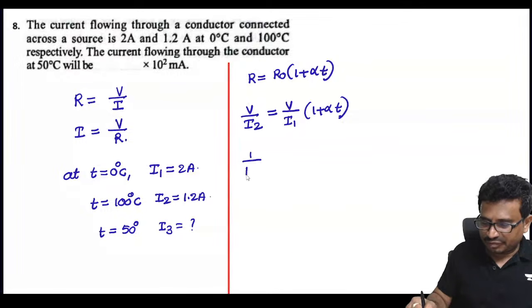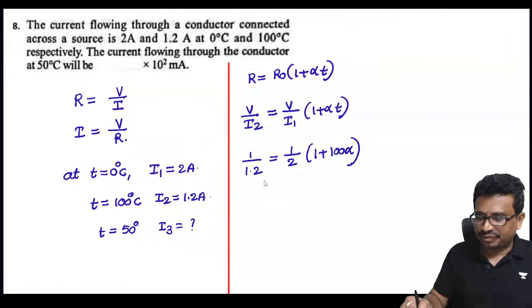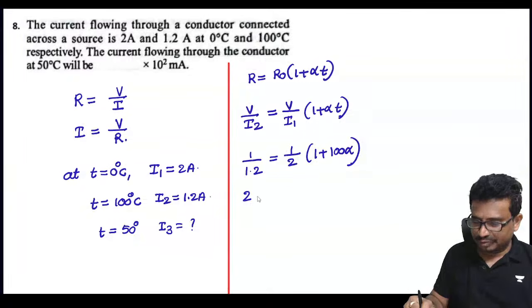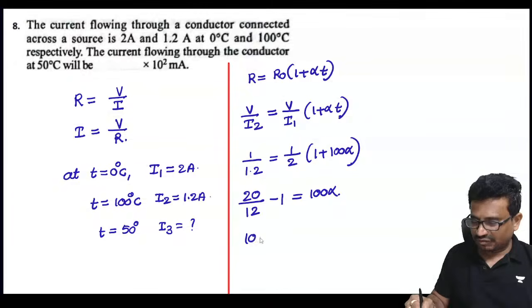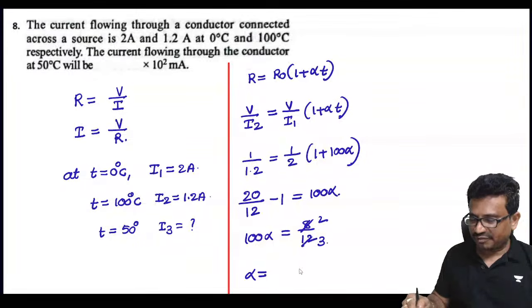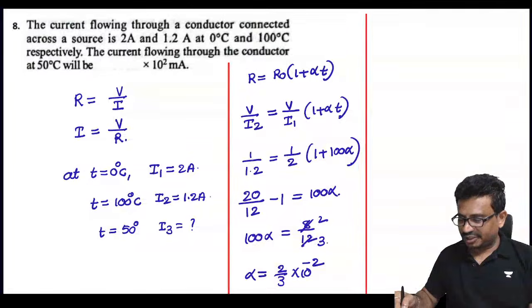That is 1 by 1.2 equals 1 by 2 into 1 plus 100 alpha. Bringing the 2 across, 20 by 12 minus 1 equals 100 alpha. So 100 alpha is 8 by 12, and alpha is 2 by 3 into 10 power minus 2.